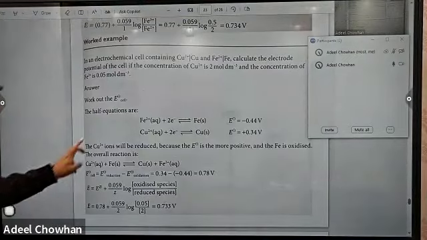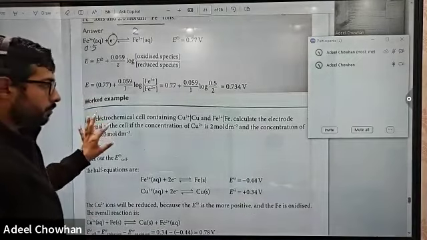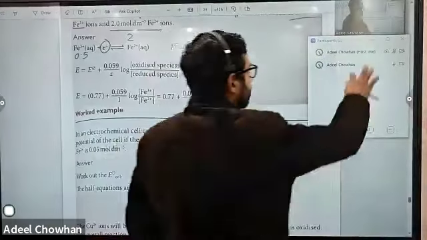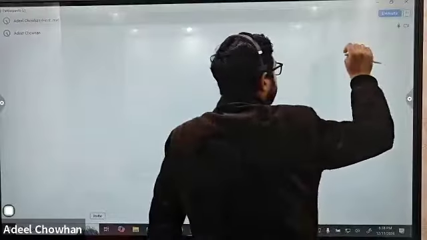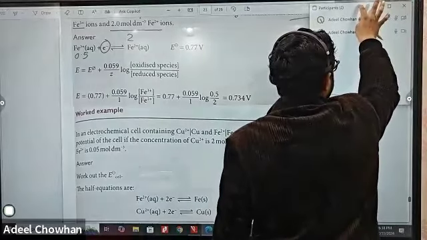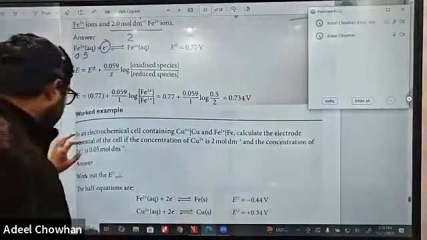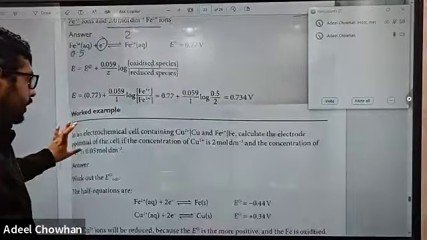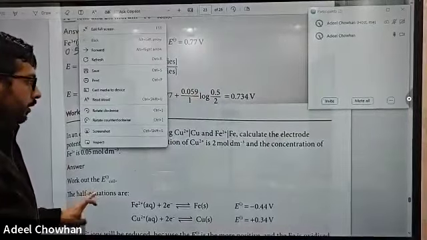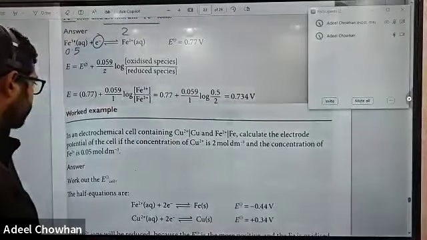Now take another example. This time we have some additional information as well. In an electrochemical cell containing copper 2 ions to copper and iron 2 ions to iron, calculate the electrode potential of the cell.